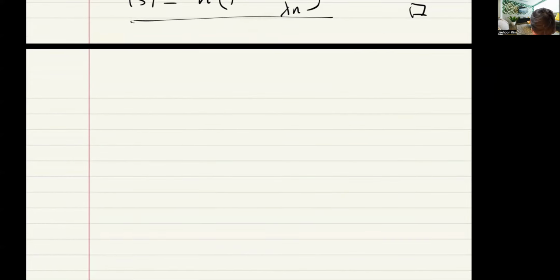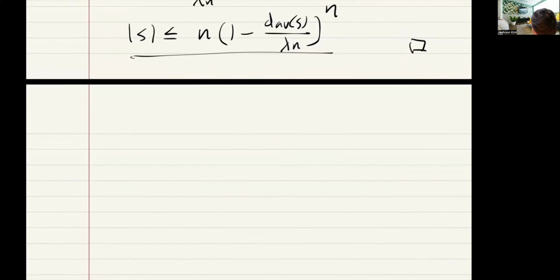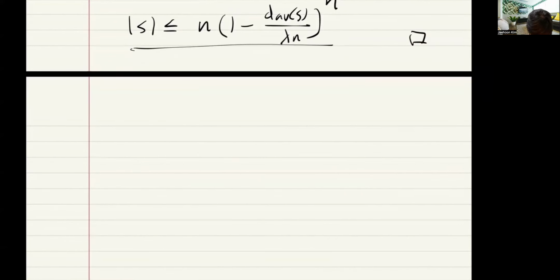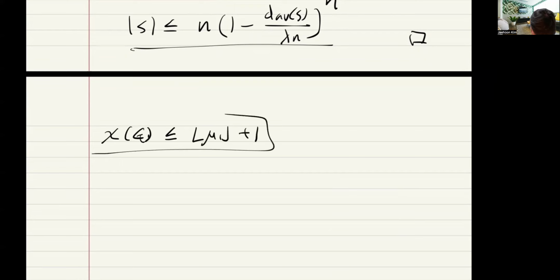So a natural question is: can we find some bound on the chromatic number using this eigenvalue? We already have shown this upper bound in terms of the largest eigenvalue of the adjacency matrix.